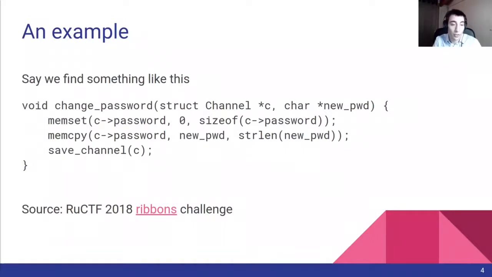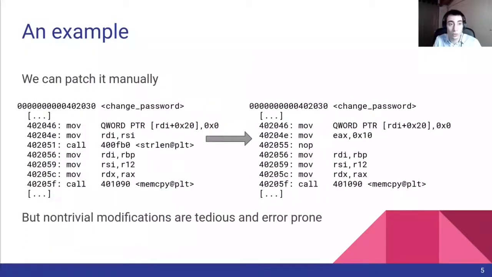Now, RuCTF is an attack defense CTF, so during the game you're not only required to exploit vulnerabilities, but you're also required to patch yourself to defend against others. The usual approach to this is to patch manually.